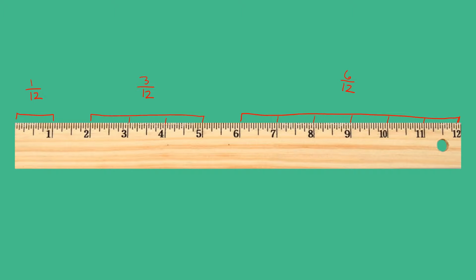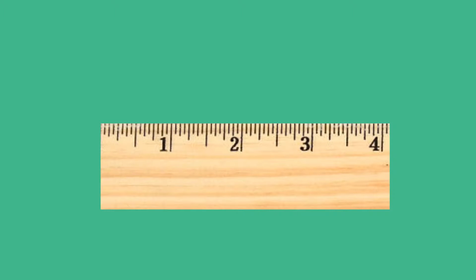Okay, so that takes care of inches, but the real fun with fractions comes when you start talking about distances of less than 1 inch. If you've ever looked closely at a ruler, you probably noticed all the little lines in between the inches.